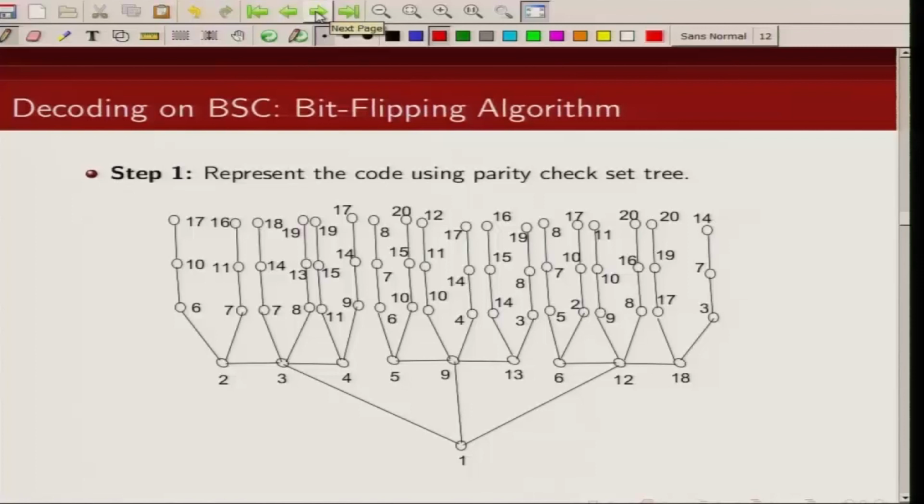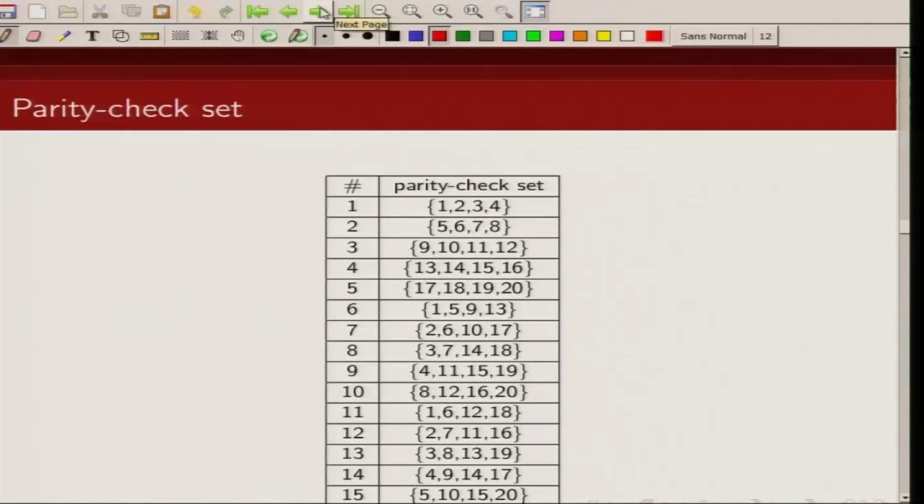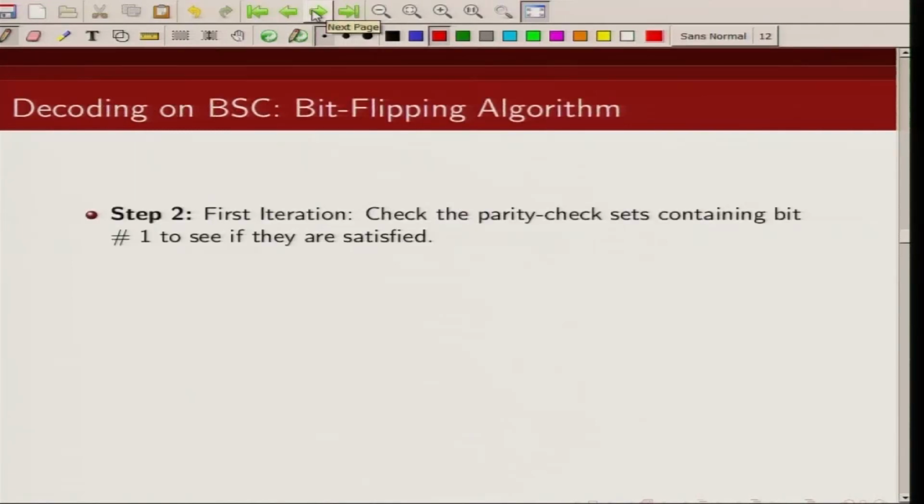The first step is we represent the code using the parity check set tree, and we have explained in the previous slide how this tree is constructed. So this is the parity check set tree for bit number 1. And remember, this is the parity check set corresponding to this. We have drawn this parity check set tree.